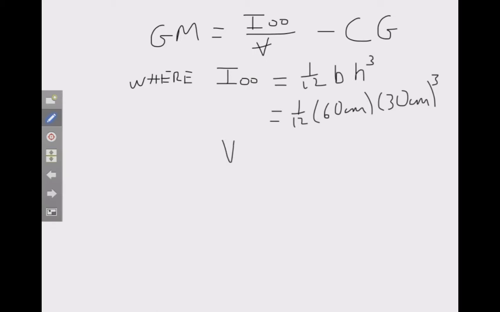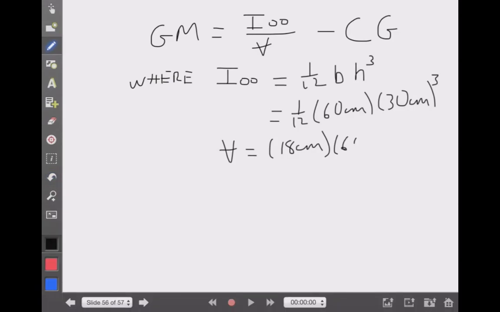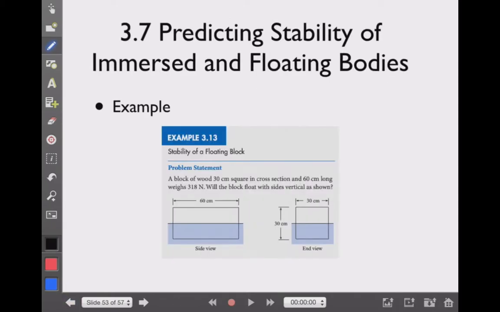And in this case, V is going to be 18 centimeters times 60 centimeters times 30 centimeters. That is the volume of the displaced fluid, or the submerged part of the block when it's in this orientation right here.